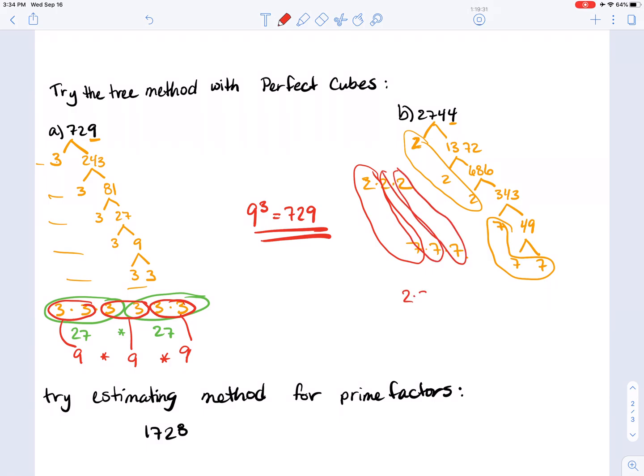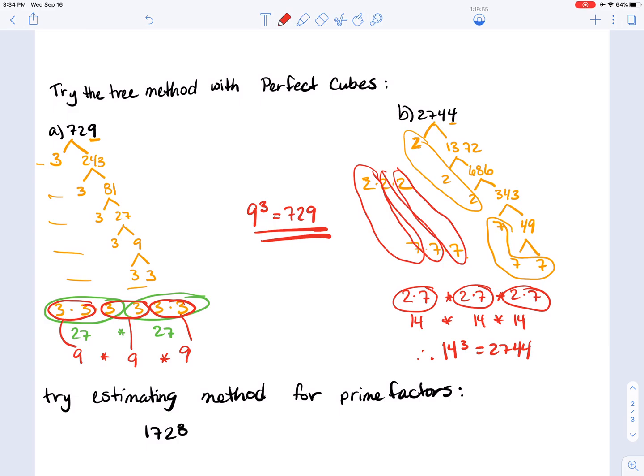So I'm going to group them 2 times 7 times 2 times 7 times 2 times 7. So I have my groupings. It's 14 times 14 times 14. So that gives me 14 cubed equals 2744.